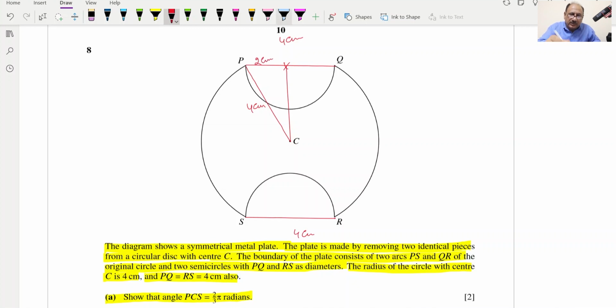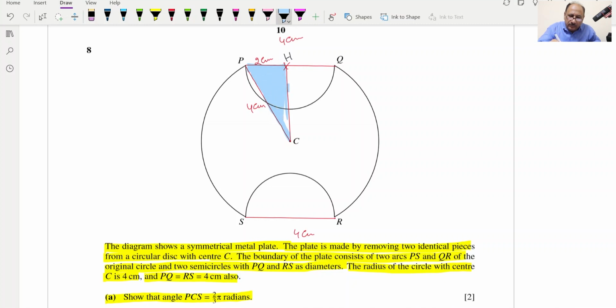Now we can consider this triangle, and we can use this triangle to find the angle PC. If we take for example this point as H, we can take triangle PCH.